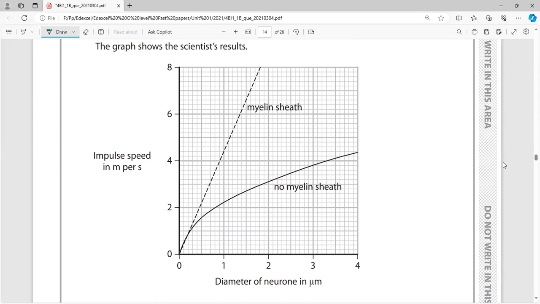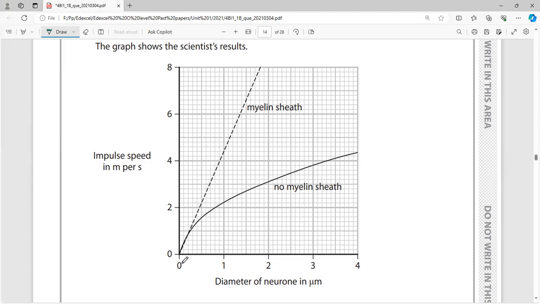The diameter of the neuron is increasing along the x-axis, and impulse speed in meters per second is along the y-axis. In the overall result, we find that if the diameter is increasing, the speed of transmission of nerve impulses is increasing.